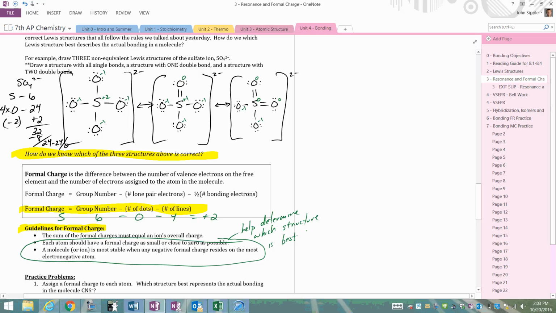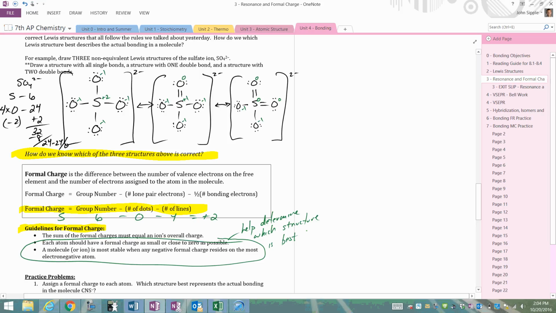What we want to see is each atom should have a formal charge as small or close to 0 as possible. So which one has the most zeros in it? The last one does. So that's probably a good sign that this is correct.